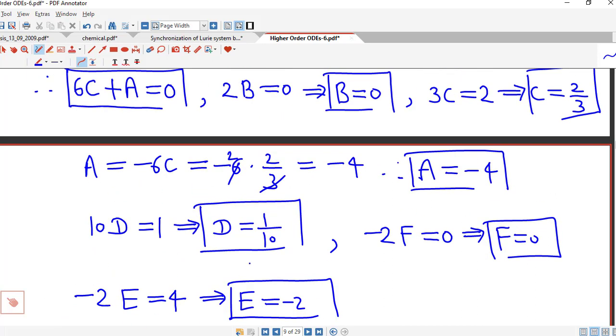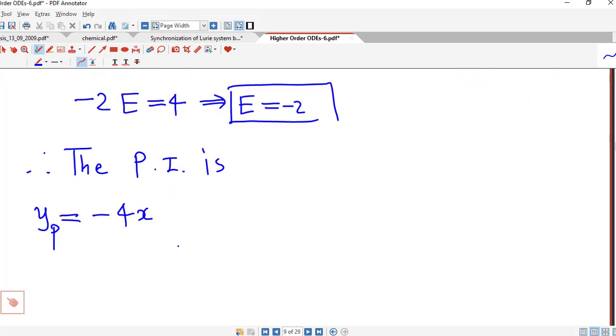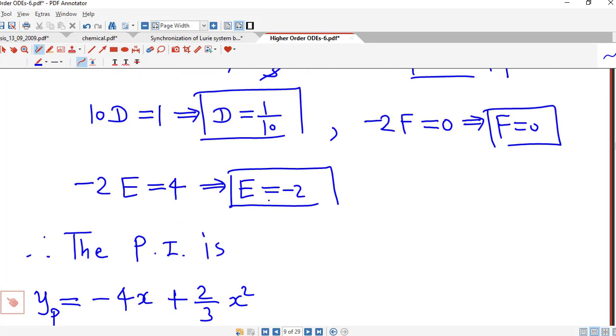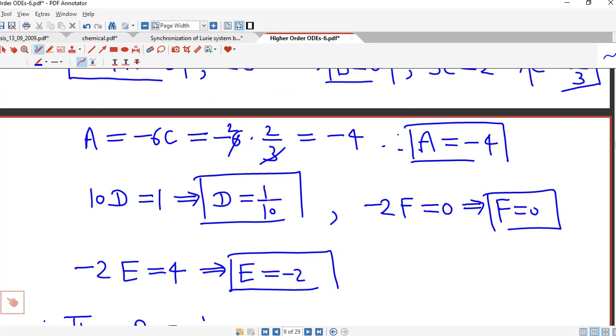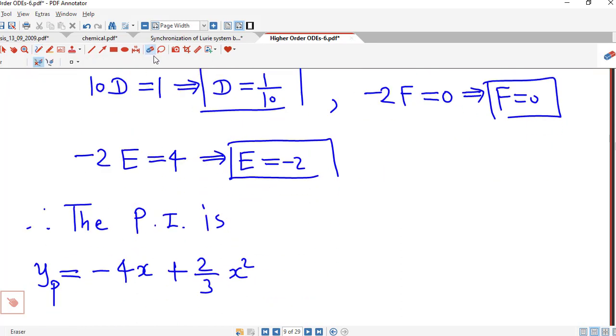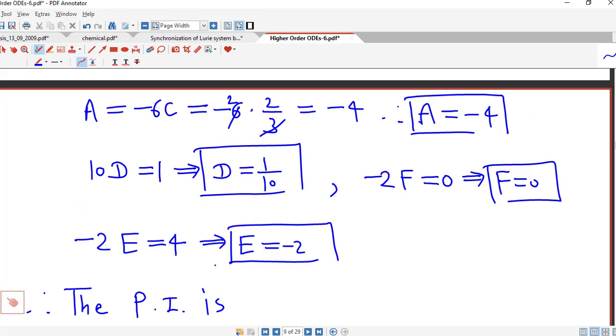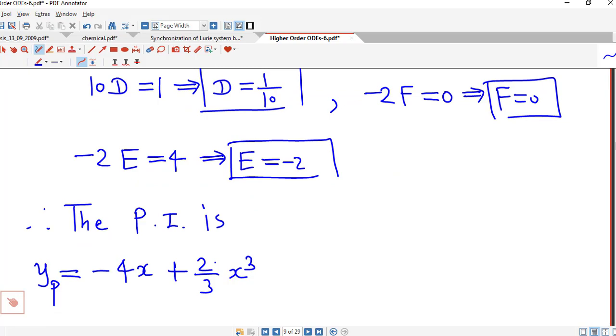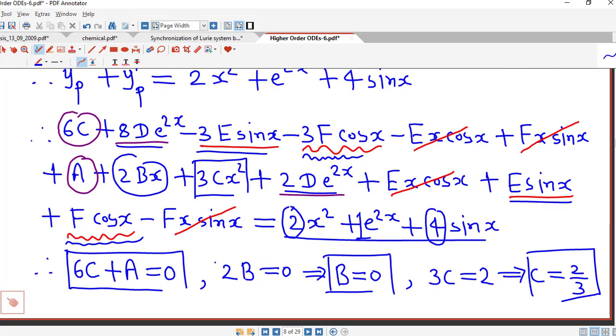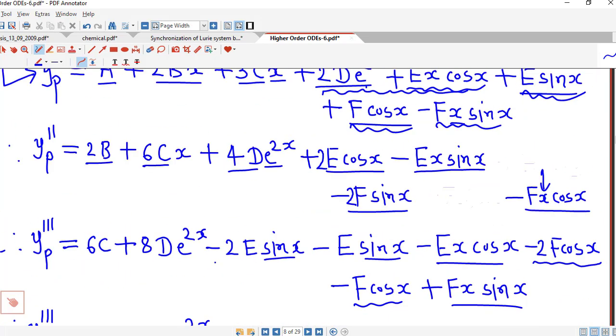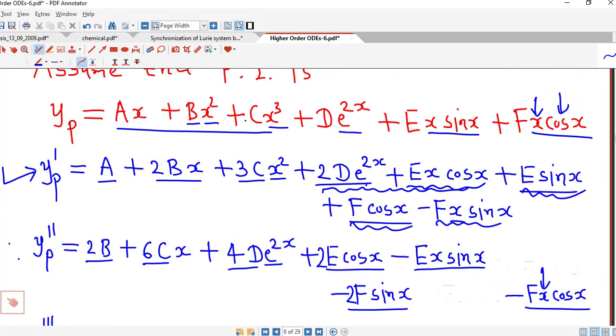The value of b is 0 and the value of c is 2 by 3, so we have 2 by 3 x cube. b is multiplied with x square, but b is 0, so this term is going to be 0.